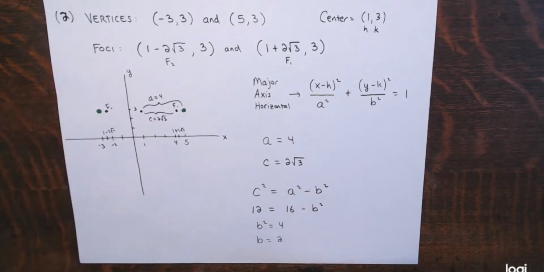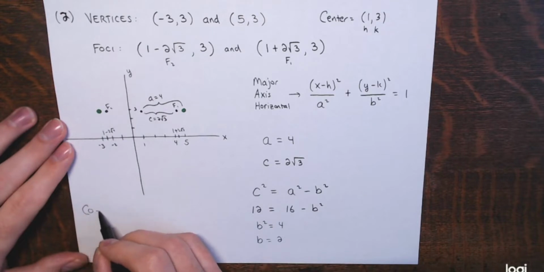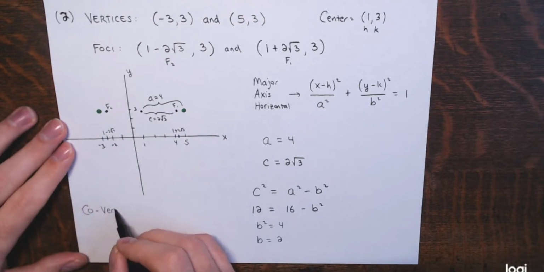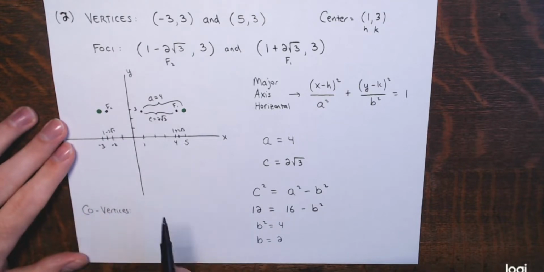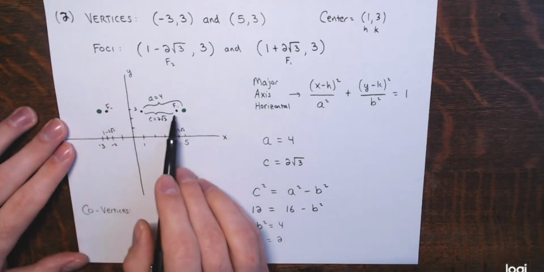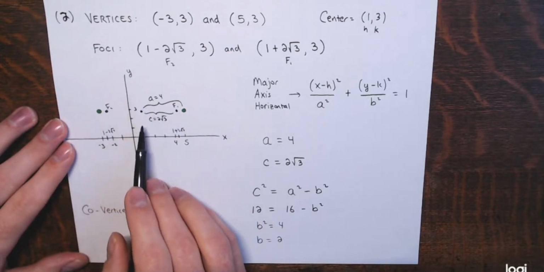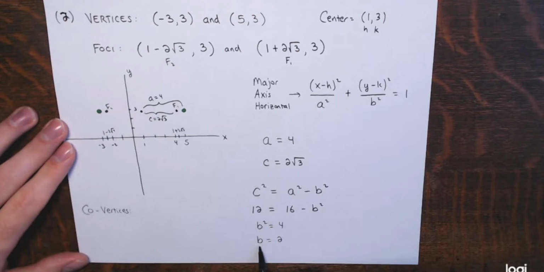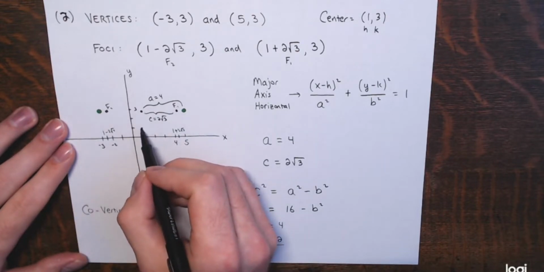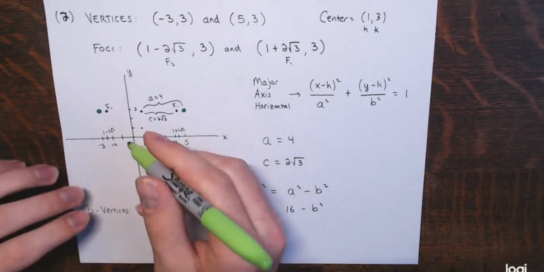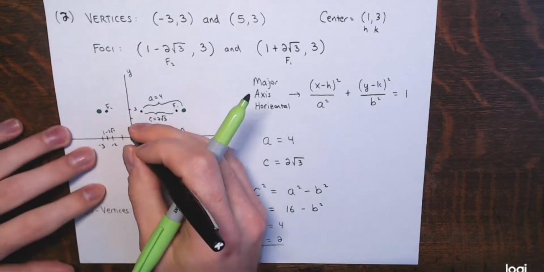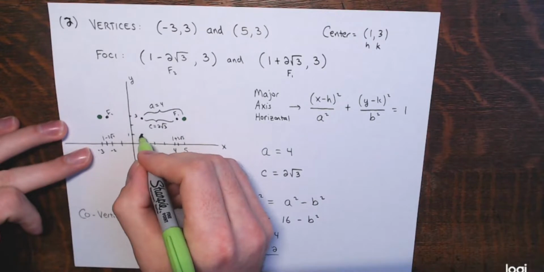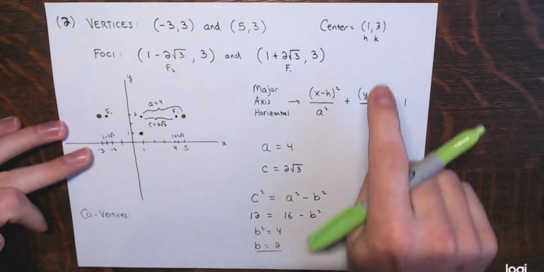So the co-vertices, we have the vertices. I could tell you what the co-vertices are now. The vertices are left and right of center, so the co-vertices are going to be above and below center. I'm going up and down 2 units. So if I go down 2 units, that would be the point (1, 1). All I'm doing is subtracting 2 and adding 2 to the y coordinate of the center.